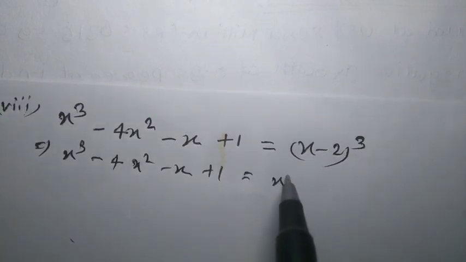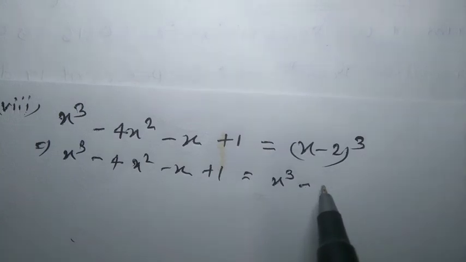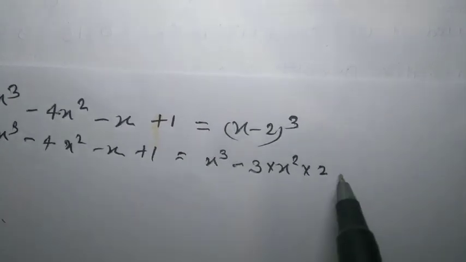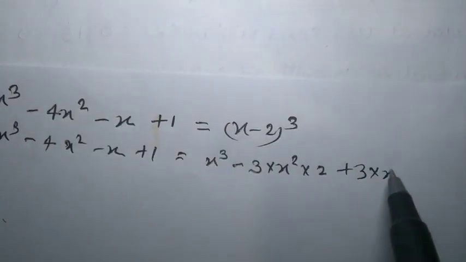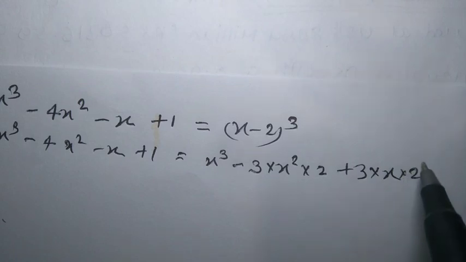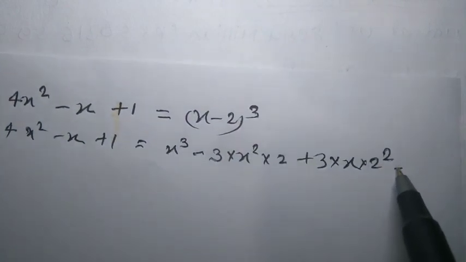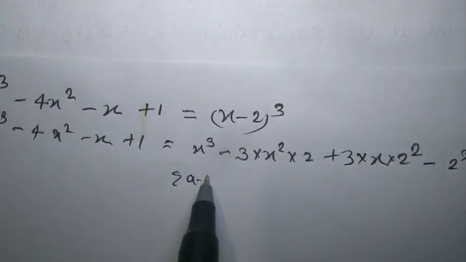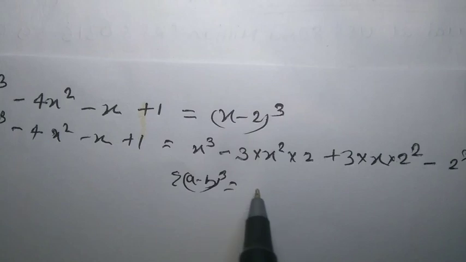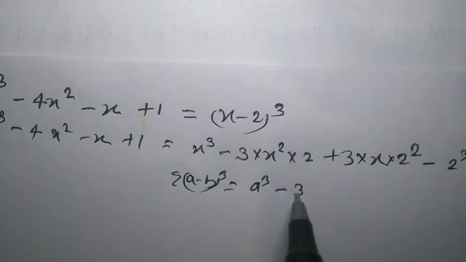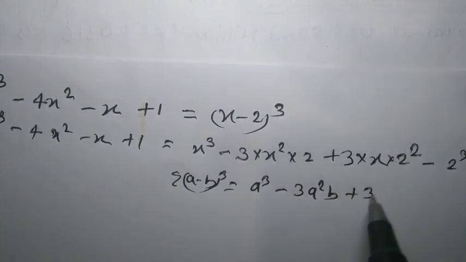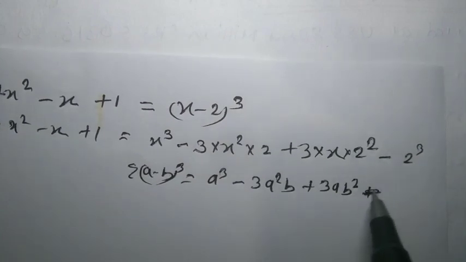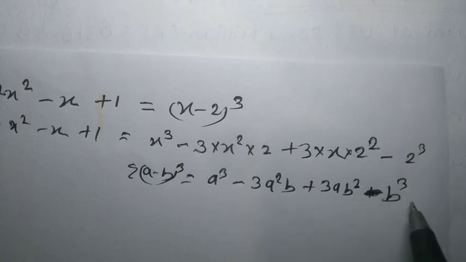a minus b the whole cube is equal to a cube minus 3a square b plus 3ab square minus b cube. The formula is a minus b the whole cube is equal to a cube minus 3a square b plus 3ab square minus b cube.